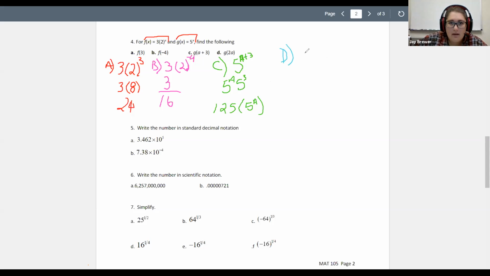Okay, now we want to do g of 2a, so that's going to be 5 with 2a in the exponent spot. Now thinking about what we just did, we used our property rules. So which property has us multiplying the exponents? You can go back and look at your property examples if you need to. But which one has us multiplying our exponents?